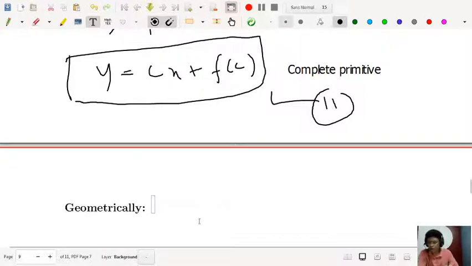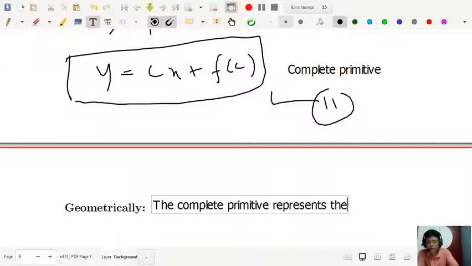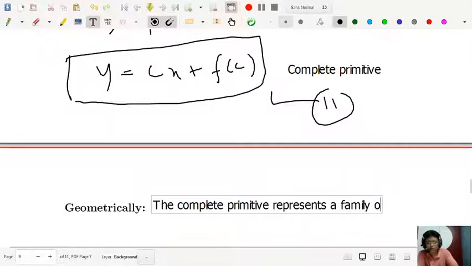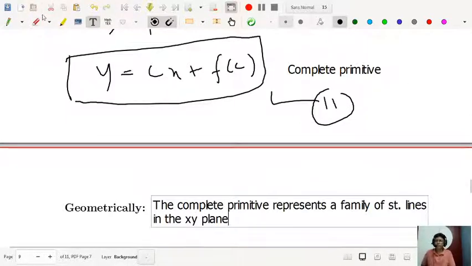Equation 2, that means the solution, the complete primitive, represents a family of straight lines in the xy plane.